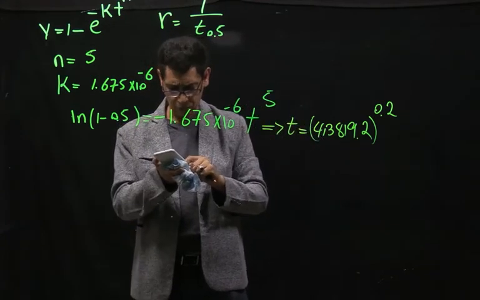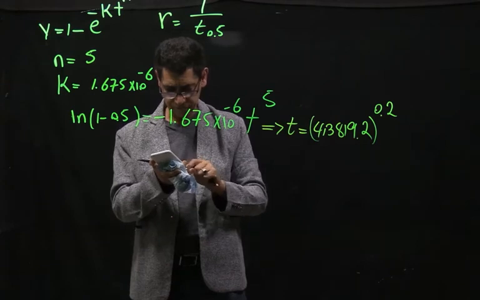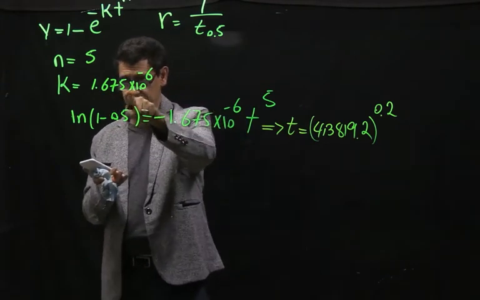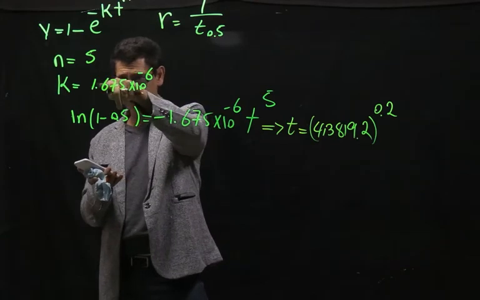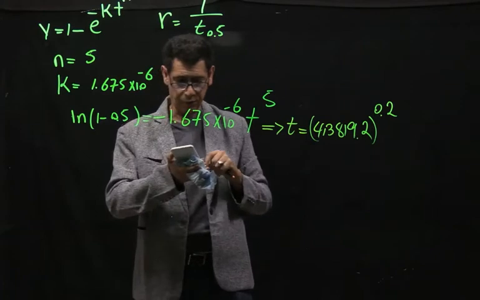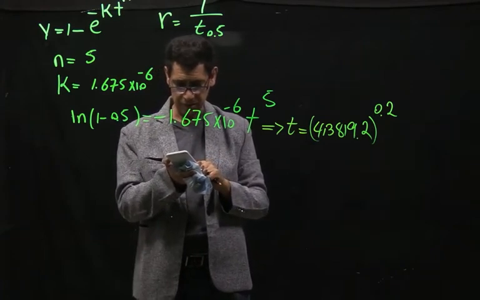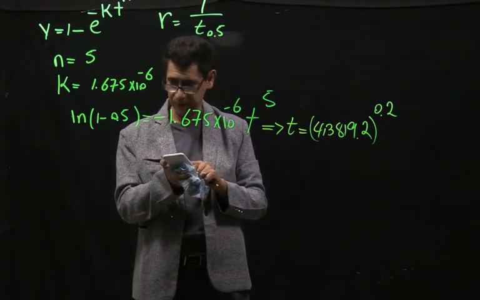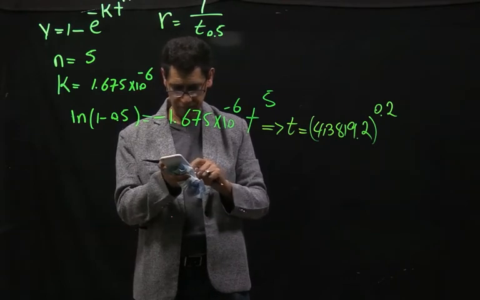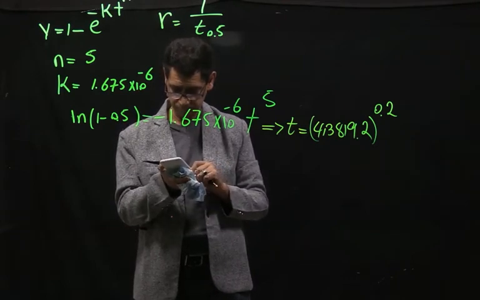So ln 0.5 divided by, this is 400% smaller, this divided by 4, so it is divided by 1.675 × 10 to the minus 6.